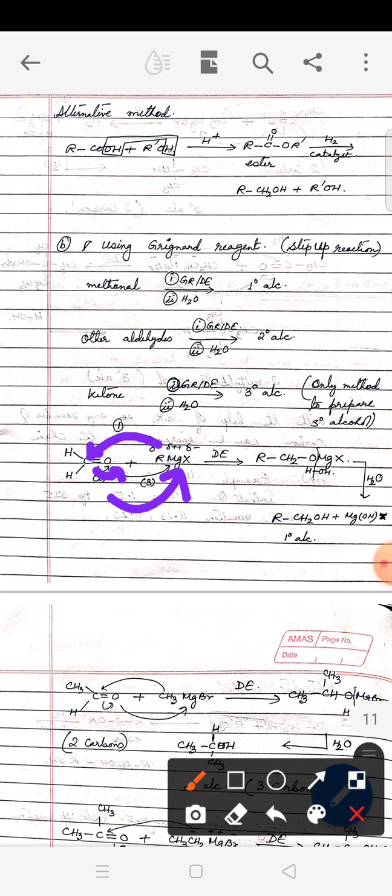So during the course what we are getting here, this alkyl group should be written first, R, this C attached to 2 hydrogens, so CH2, the double bond has become single, then O is attached to MgX. I hope this part is clear.